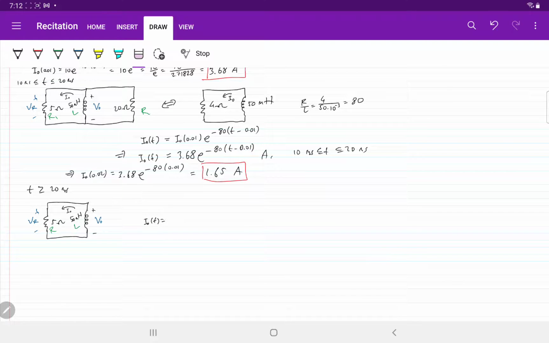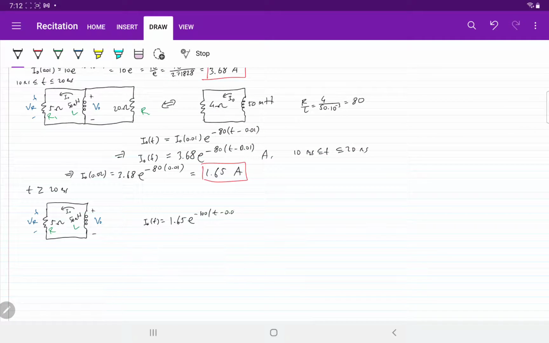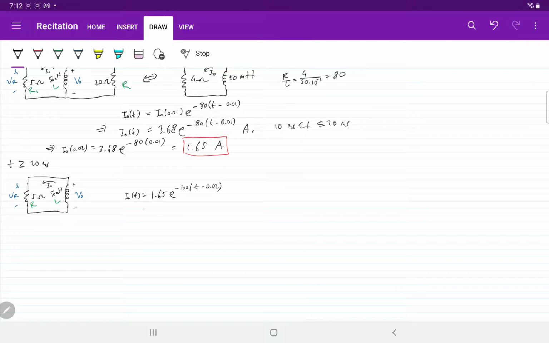But this is I0 of t is 1.65 e to the power minus 100 (t minus 0.02), right? 20 millisecond.